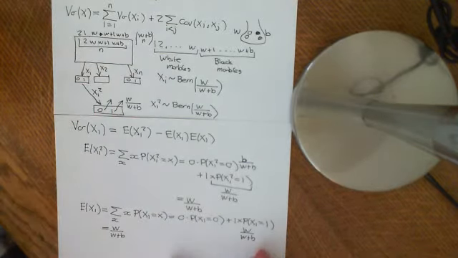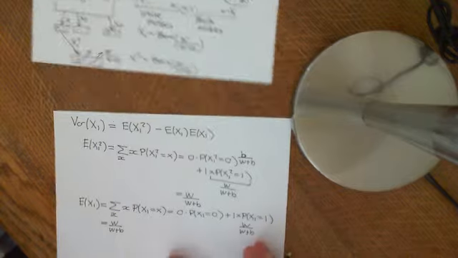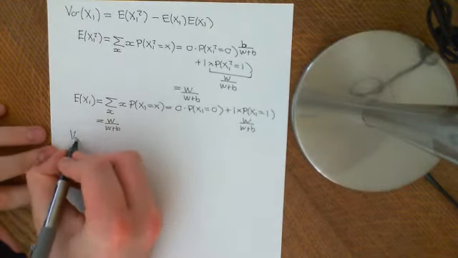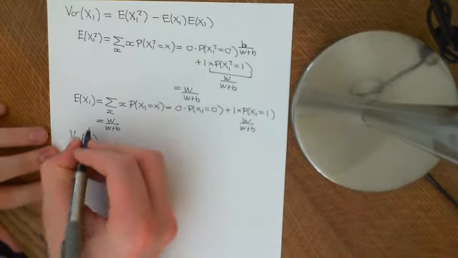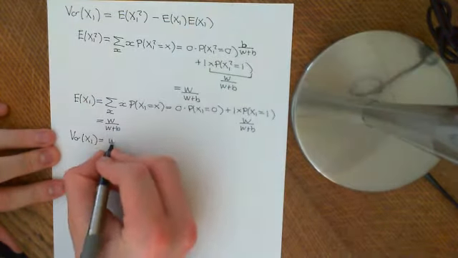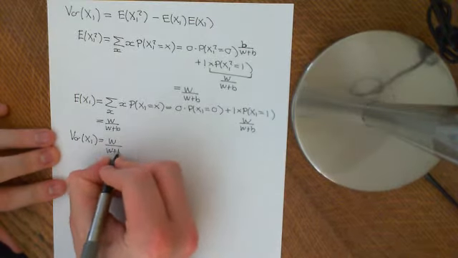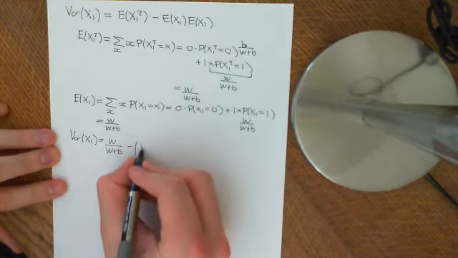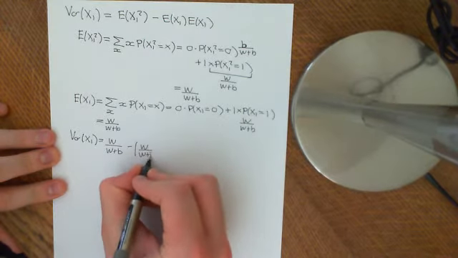So, if we want to work out what the variance of x1 is, we stick this into the formula, and we get the expected value of x1 squared, which is just w over w plus b, minus the expected value of x1 all squared, which is w over w plus b squared.